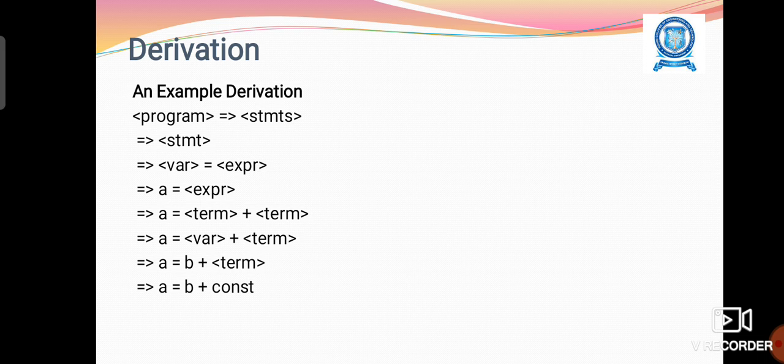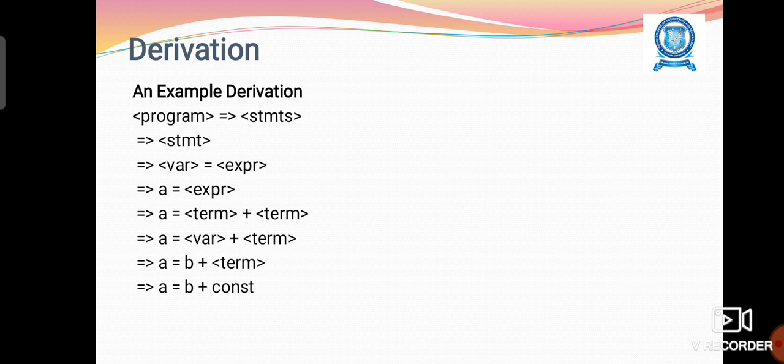And now we can see an example derivation. Derivation means substituting the values from the set of given rules, and we start from the start symbol. Program implies statements. Then statement.